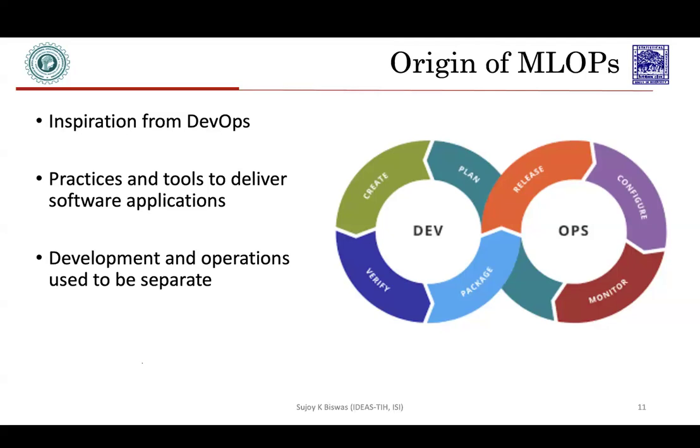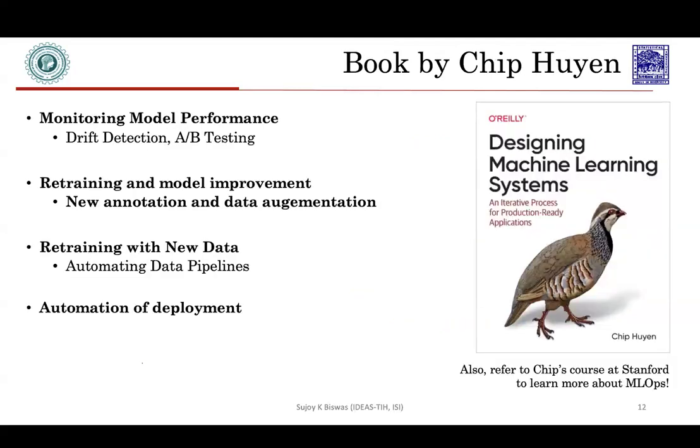This book is extremely important for understanding all these things, designing machine learning systems. This book is, I would say, the core of today's discussion, and the discussion starts from this book.